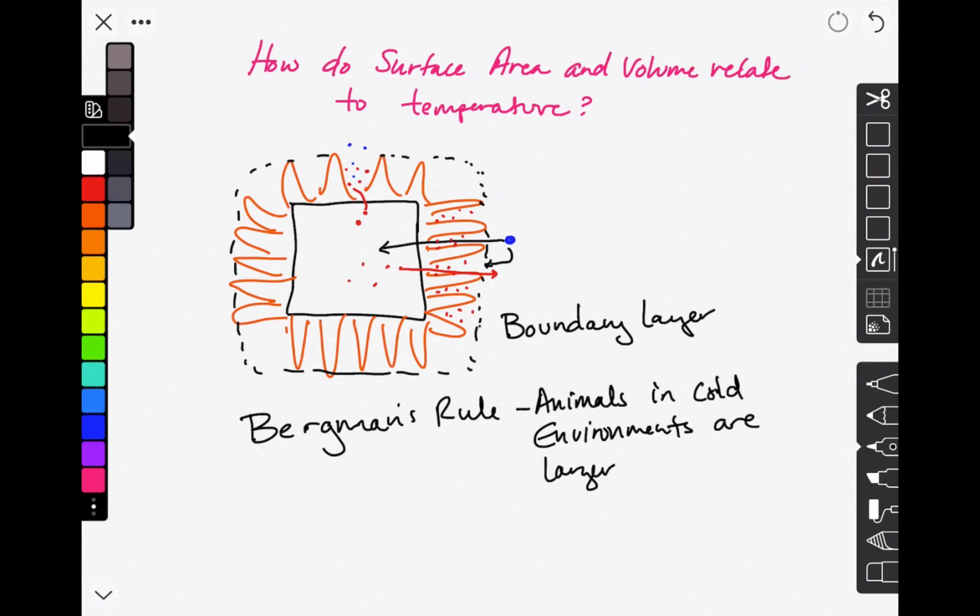And again, that's because they'll be able to generate more heat, and their inner organs, like their heart, which they want to keep warm, are going to be further from the cold, cold world.